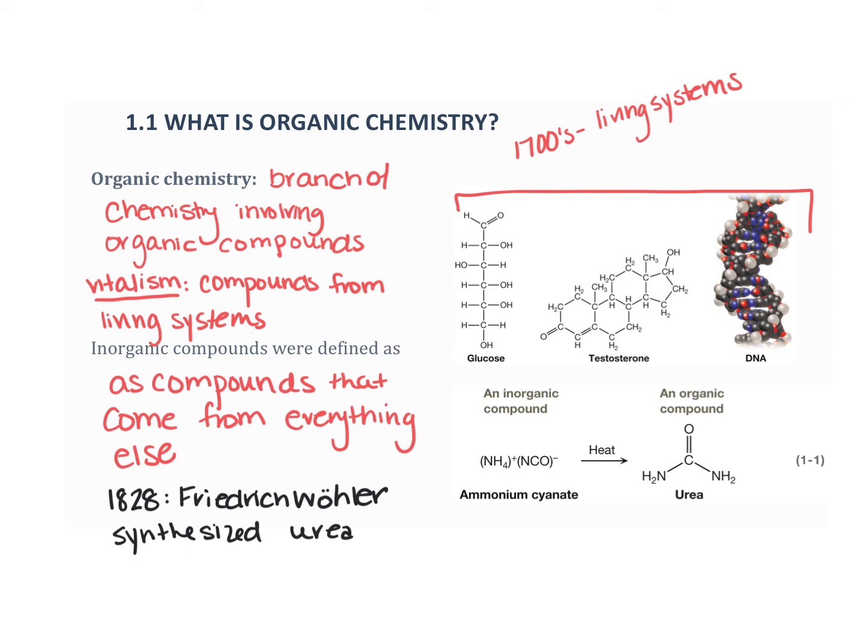So what he did was he took ammonium cyanate, which is shown right here, and it was what they considered to be inorganic. And he heated it and formed urea. Now, urea is a major component of mammalian urine, and obviously was defined as organic, but ammonium cyanate here was inorganic. And so vitalism couldn't account for this distinction between organic and inorganic compounds.